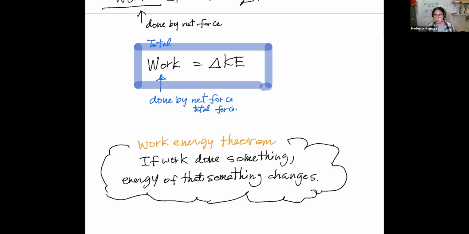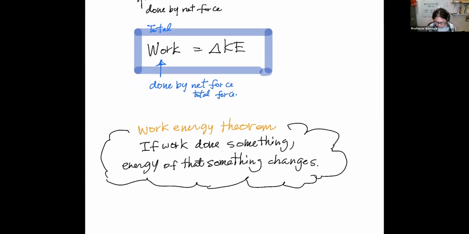So we say work done by the gravitational force changes the gravitational potential energy. Work done by the elastic force changes the elastic potential energy. Work done by the total force changes its kinetic energy. So work is the change in energy.